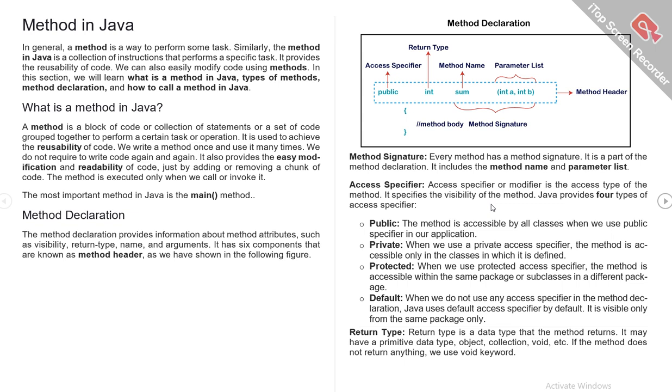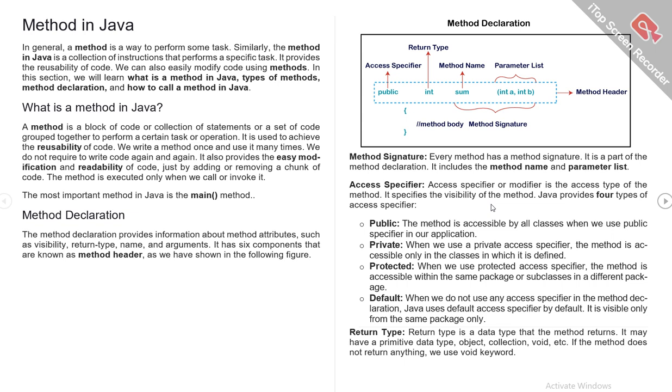Method declaration. The method declaration provides information about method attributes such as visibility, return type, name, and arguments. It has six components that are known as the method header, as shown in the figure.